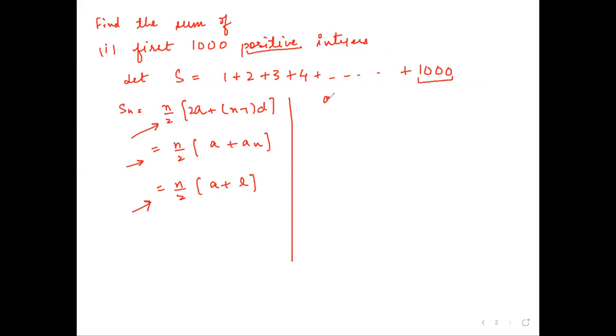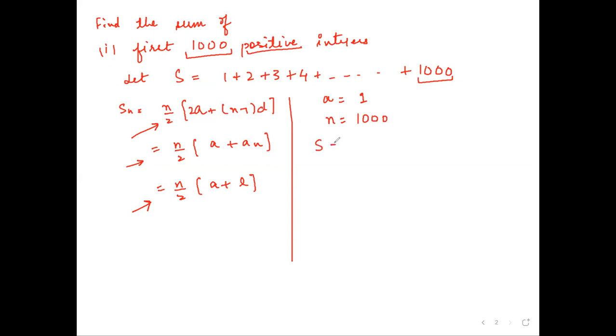Now, what is a? A is the first term, that is 1. And how much is n here? Small d is the common difference; n is the number of terms. You have to find the sum of the first 1000 positive integers, that means n is 1000, because you are finding the sum of 1000 terms here.